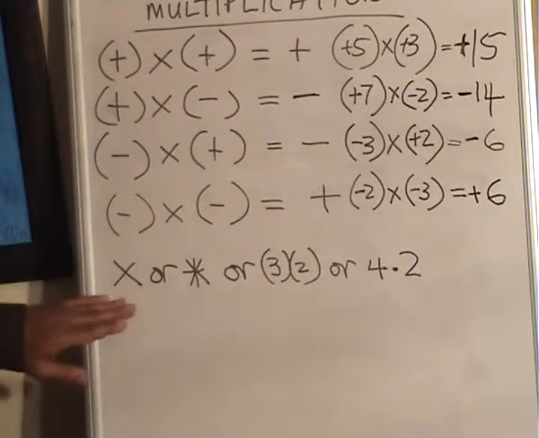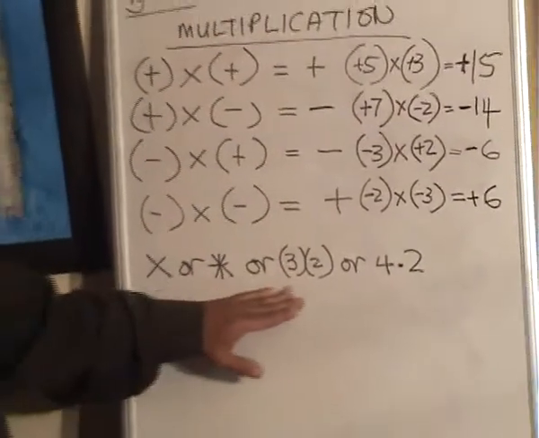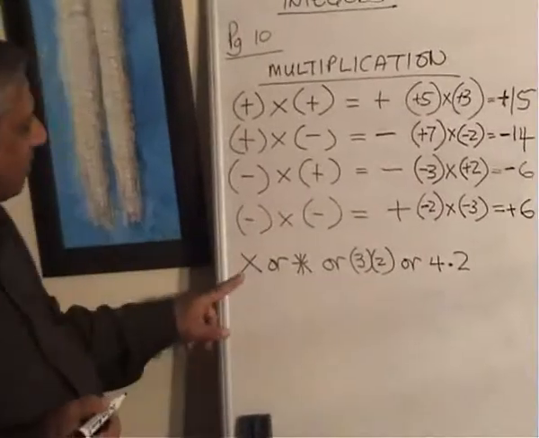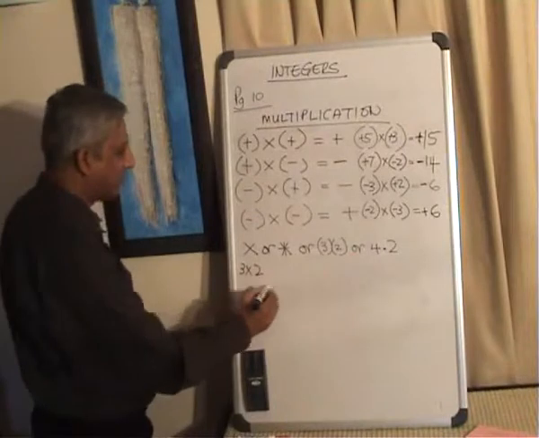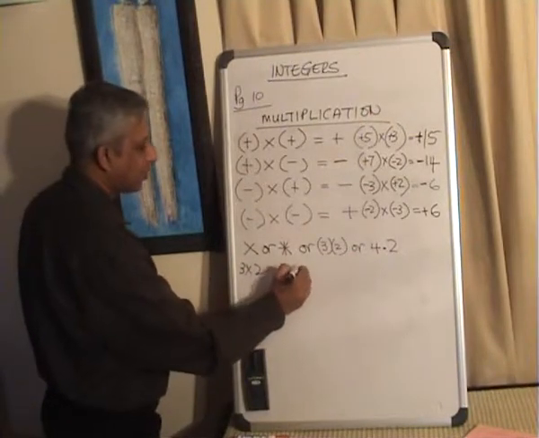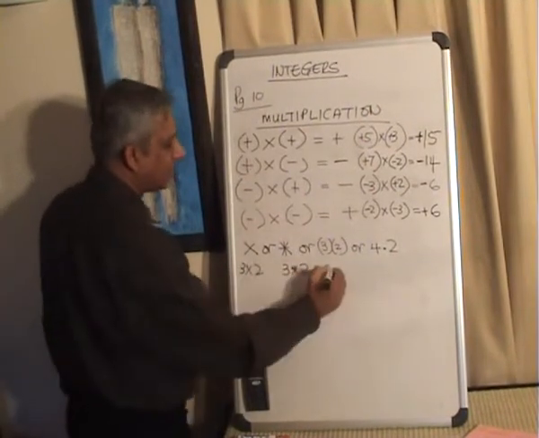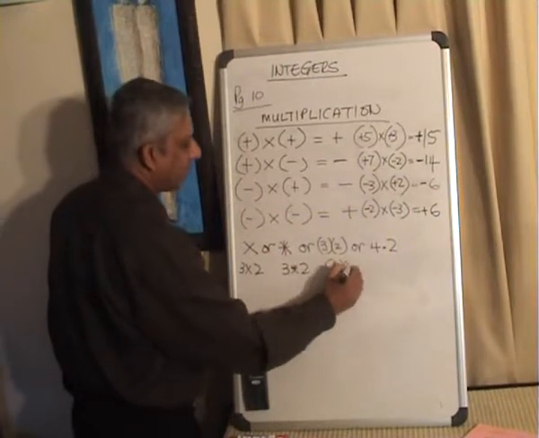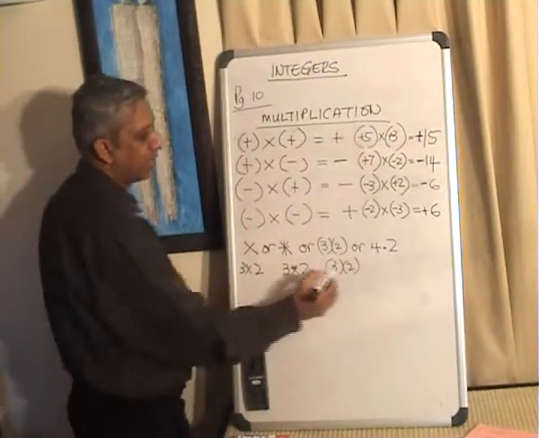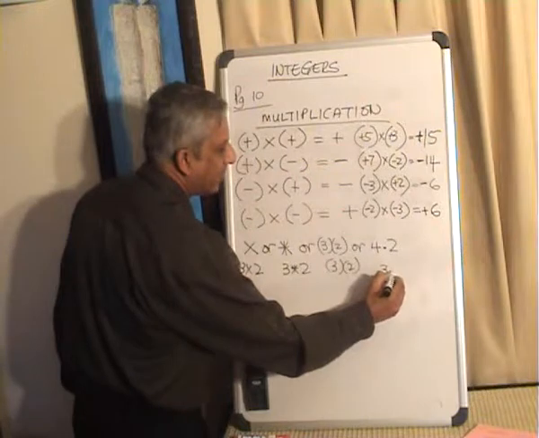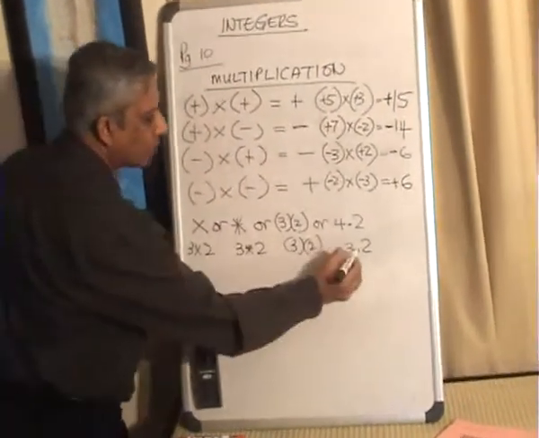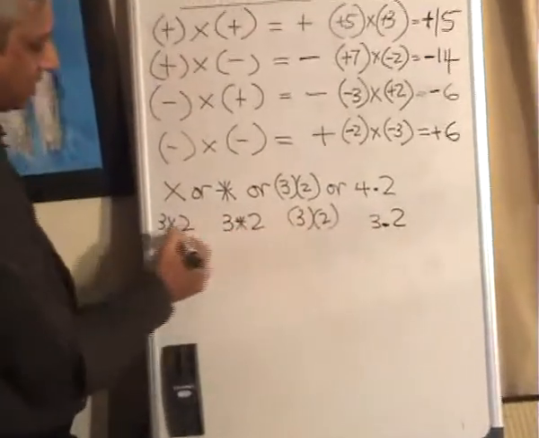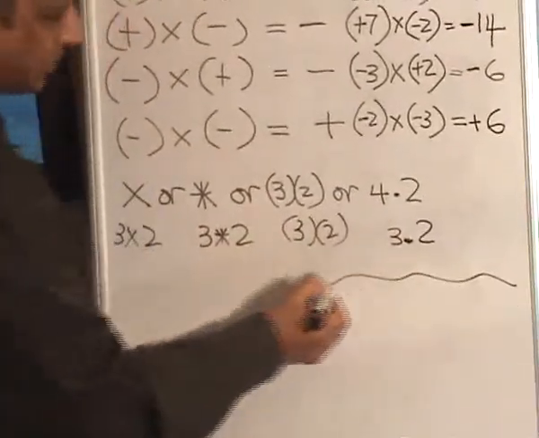So there are many ways for people to tell you what is multiplication. It could be 3 times 2 is multiply. 3 asterisk 2 is multiply, 3 times 2. Bracket 3, bracket 2 means 3 multiplied by 2. 3 dot 2, not comma, dot. 3 dot 2. All this is saying 3 times 2.